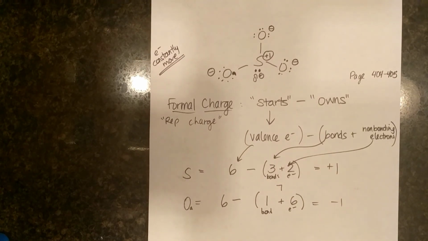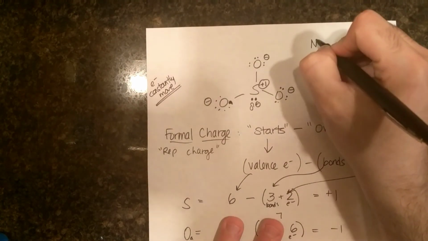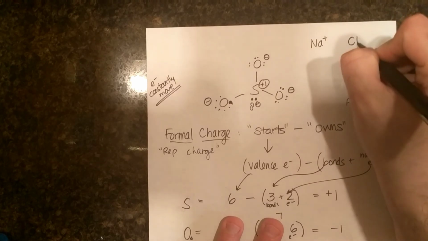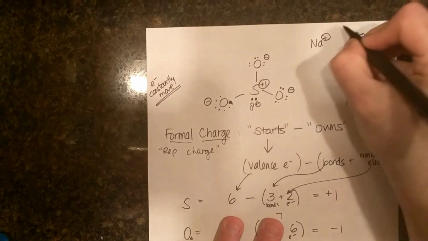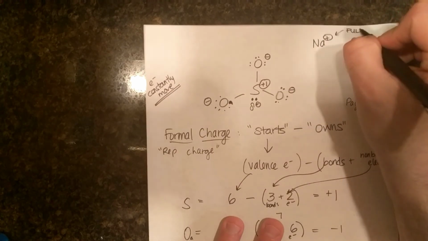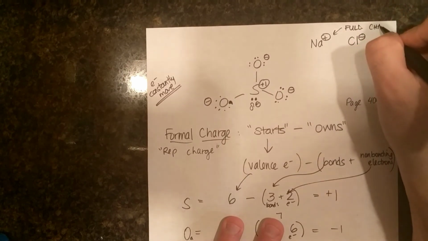Formal charge is not a full-on charge, right? So be careful. It's not like I'm saying it's an ion. It's not really an ion. An ion would be like sodium +1 and Cl -1, right? These are full charges, okay?